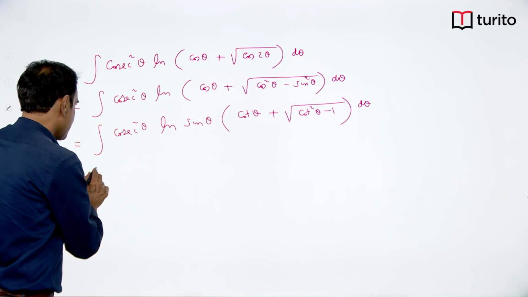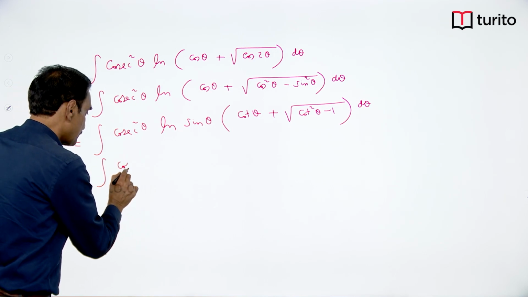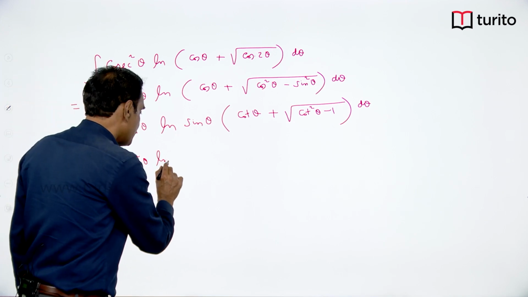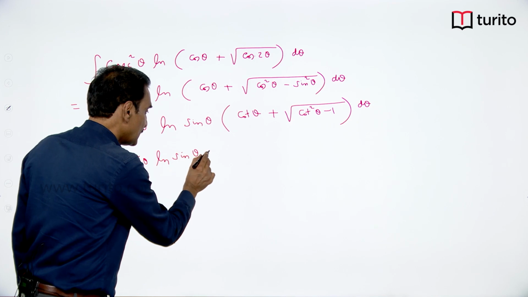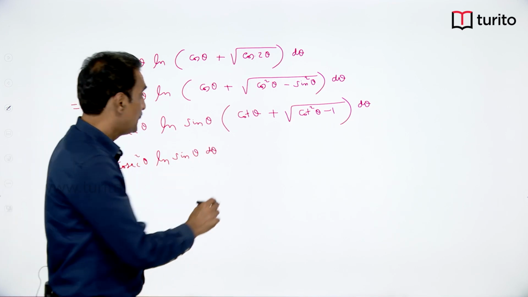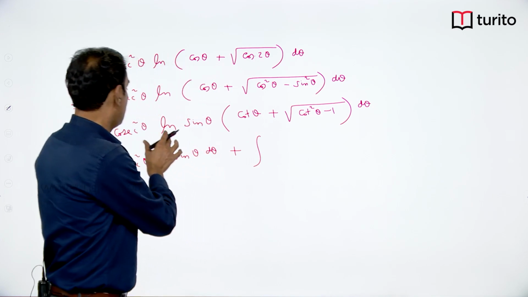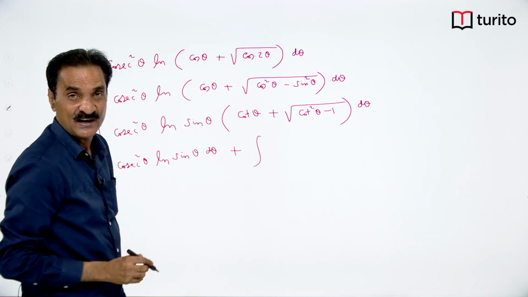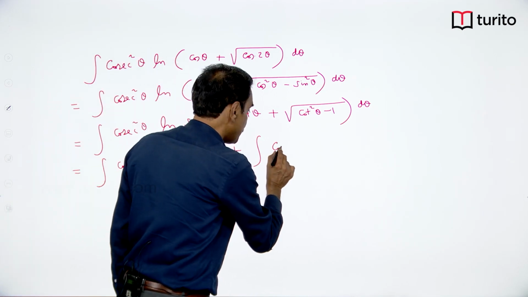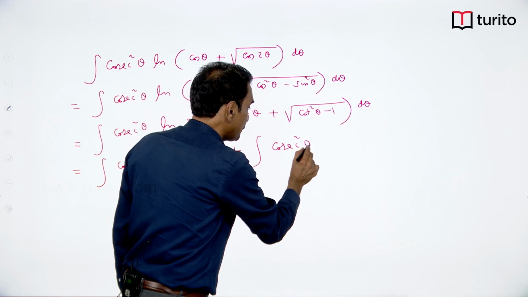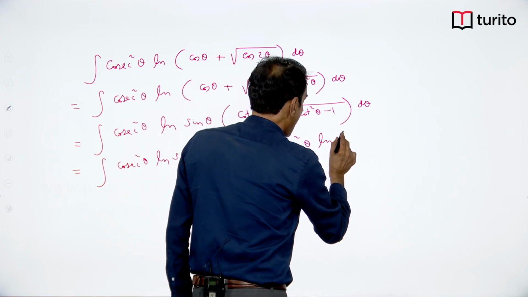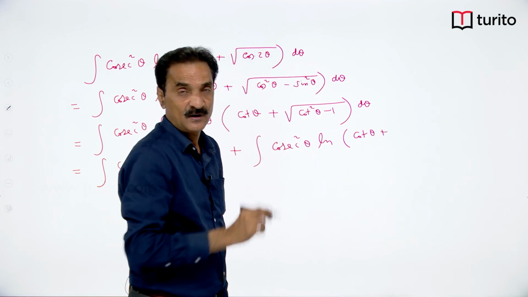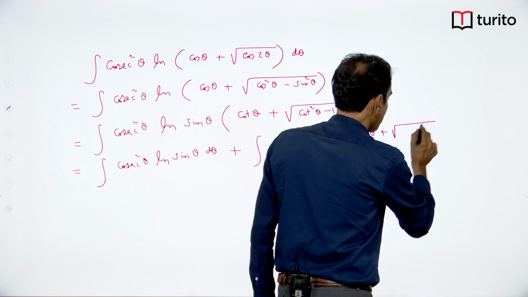So I will write it as cosecant square theta into log sin theta d theta plus, this is log sin theta plus log of this, so plus cosecant square theta into log of cot theta plus root over cot square theta minus 1.